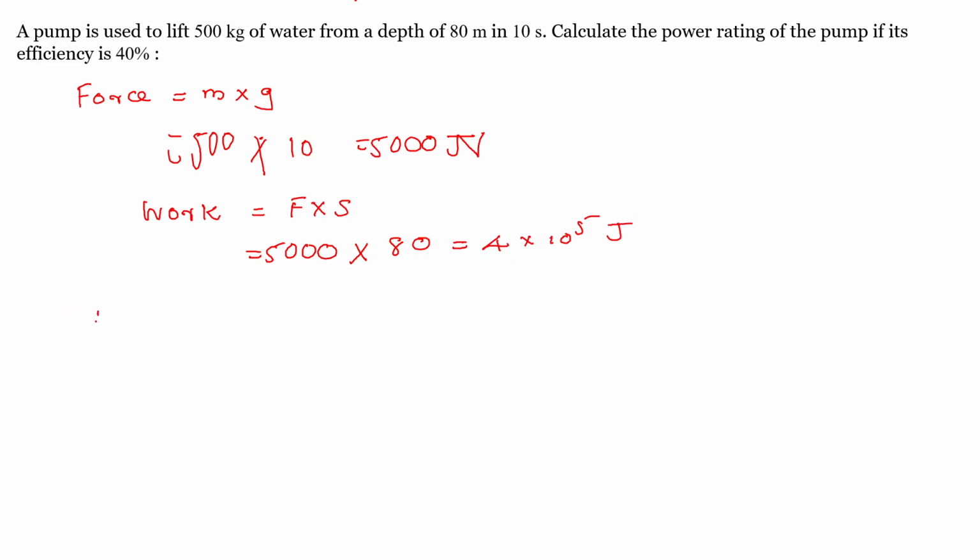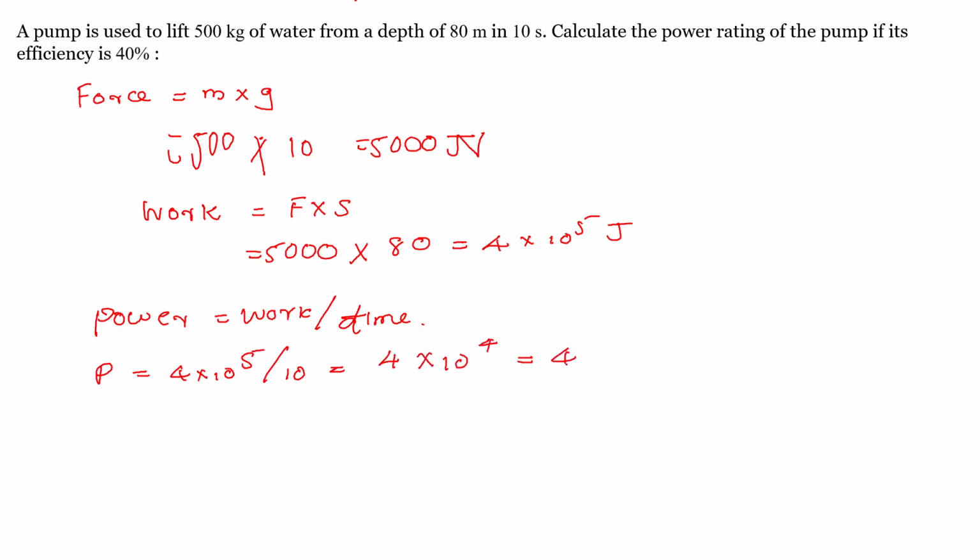Okay. Now what will be the formula? Power is equal to work divided by time. So P is equal to 4 times 10 to the power 5 divided by 10. It will be 4 times 10 to the power 4, that will be 40 kilowatt. Okay. Now you can get the power rating.